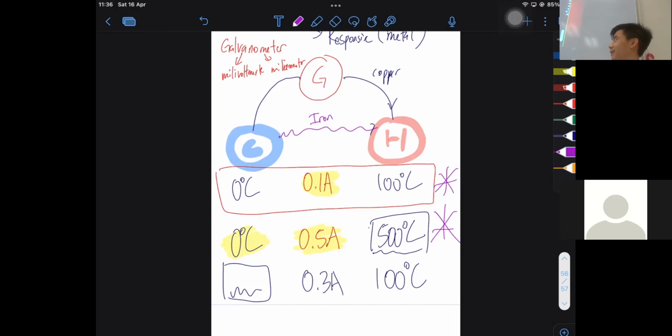Negative 30? Nope, that's wrong. How do you get negative 30? What was your reasoning?